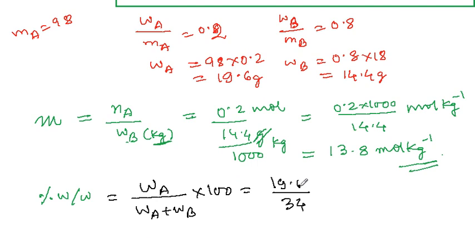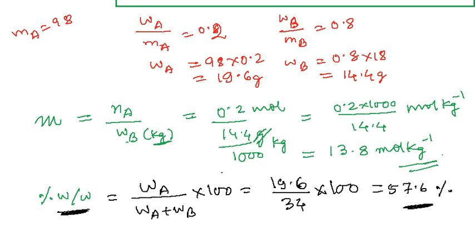This is gram divided by gram, so it will have no unit, and we're going to multiply it by 100, so our answer would be 57.6%. Now we can see that the percentage mass value that we are getting is 57.6. This is much less than 100, which means our answer should be correct.